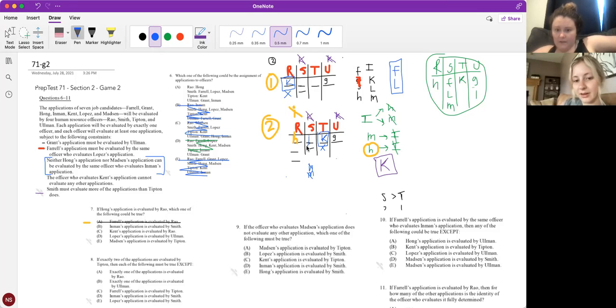Could we put F and L here? Potentially, yeah. And then H and M could either go in R or U. I think that one actually works. I don't hate that one.